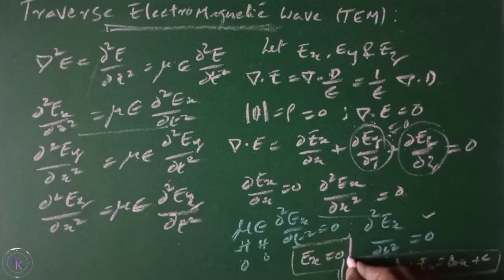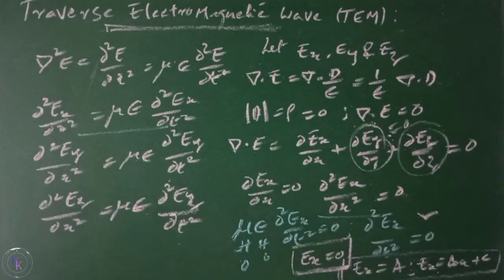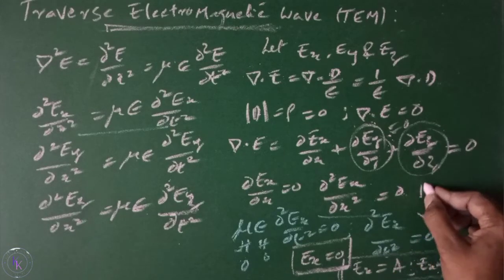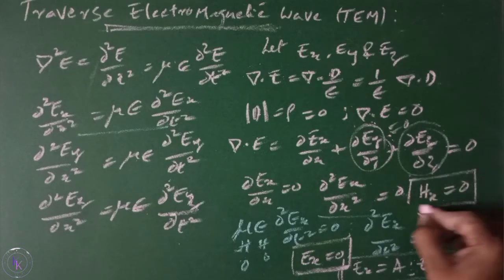So Ex equals 0 is considered as the solution for the above equation. A wave traveling in the x direction does not have a component of field E in the direction of propagation. Now this can also be proved for the magnetic field, that Hx is equal to 0.